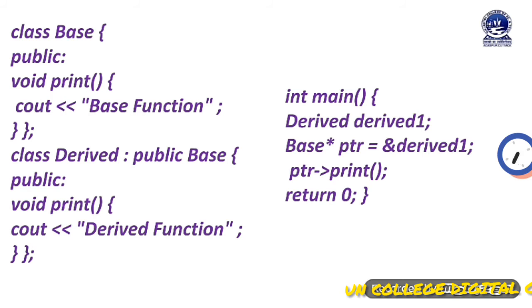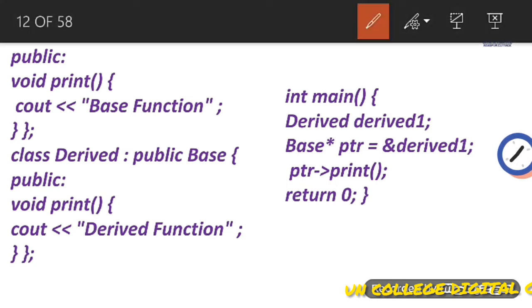Then in the print method I have used only one statement, base function, and in the derived class I have used the void print. As void print of base and derived are same, this is function overriding. And in the derived class print method I have used only one statement, that is derived function. You can add more statements, no problem.